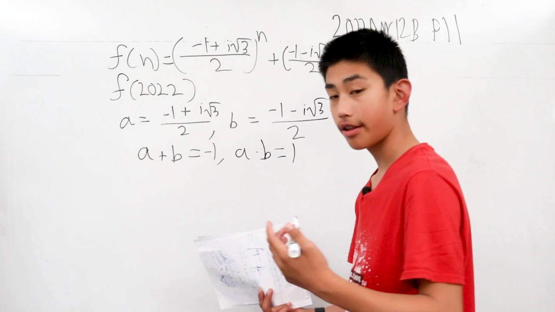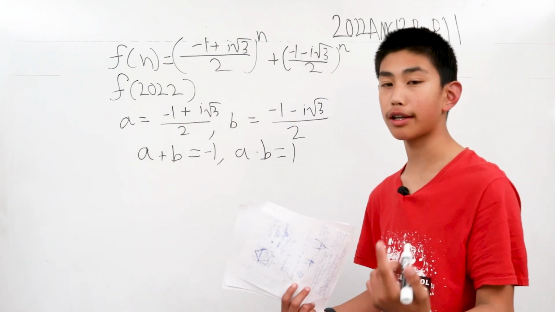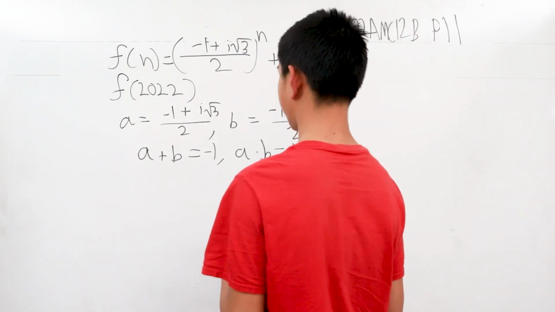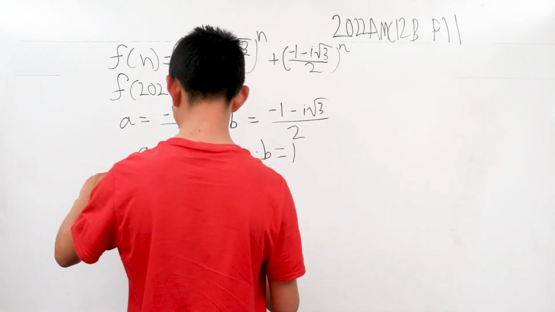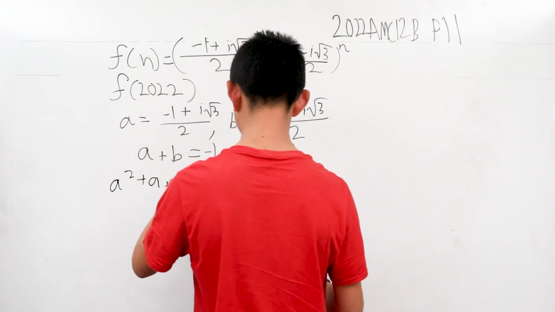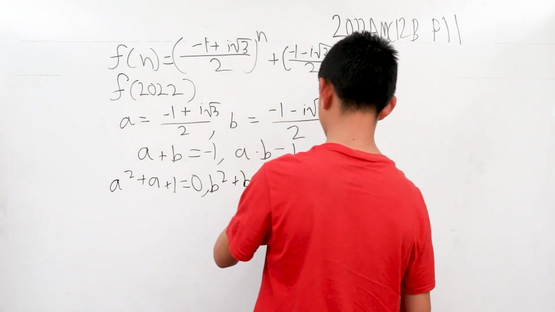This means that a and b are roots of the polynomial x squared plus x plus 1. So we have our respective formulas: a squared plus a plus 1 equals 0, and b squared plus b plus 1 is 0.